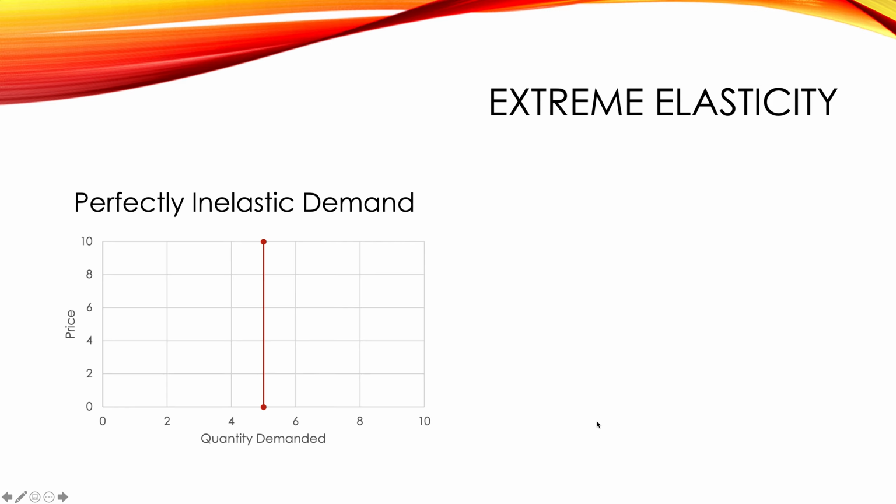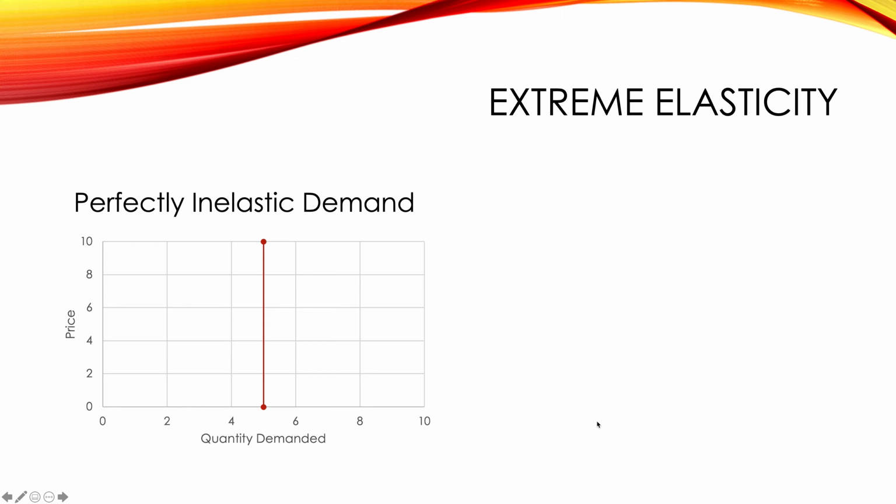Now, if you want to look at this in the most extreme cases possible, let's imagine a perfectly inelastic demand, as inelastic as it could possibly be. That would be a perfectly vertical curve like the one you see on the screen here. Because take a look. Do consumers care about the price of the product? Not at all. In fact, when the price of the product was $2, quantity demanded was 5.